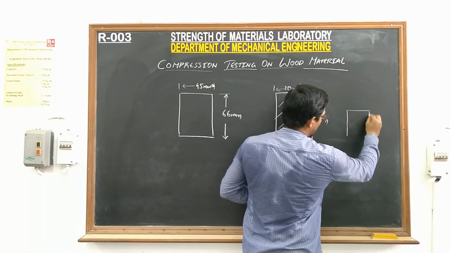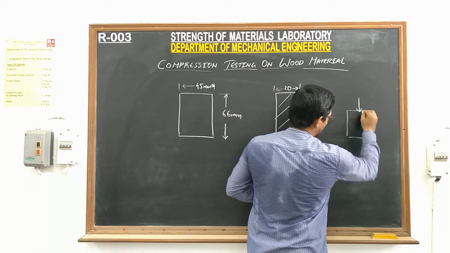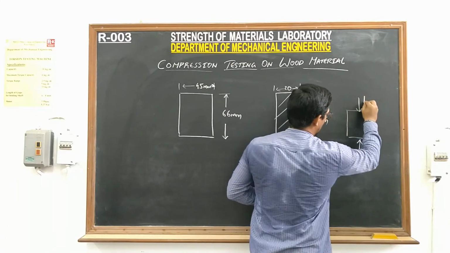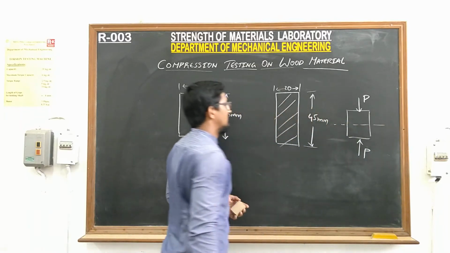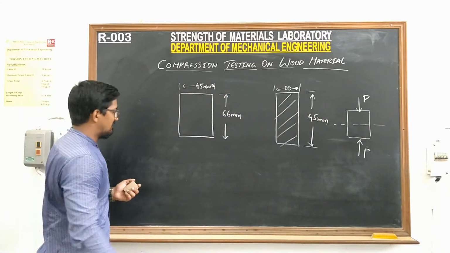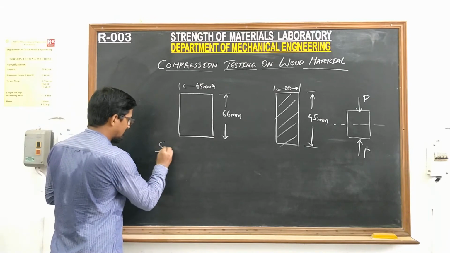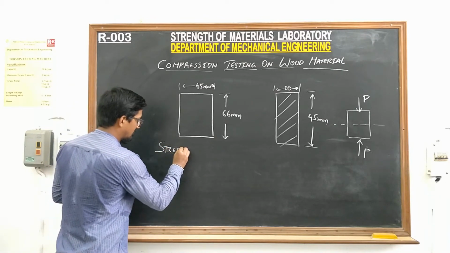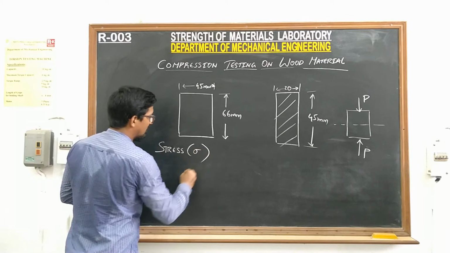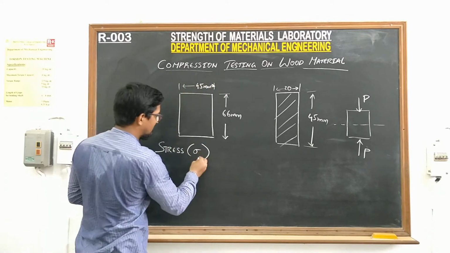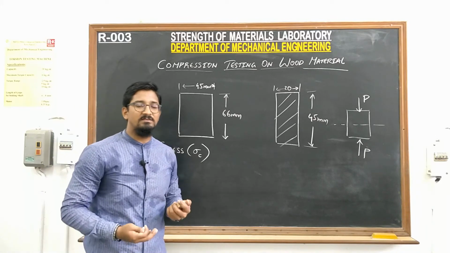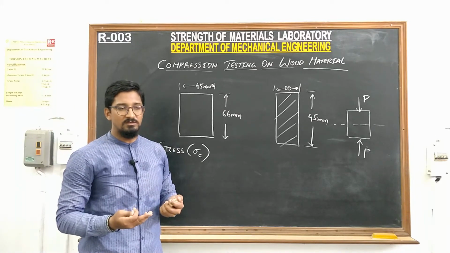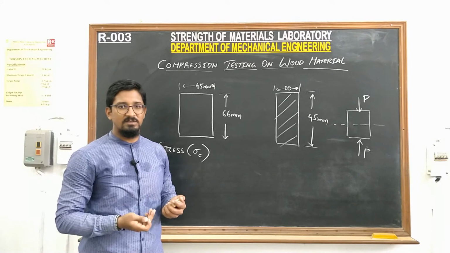I am drawing the FBD here. Suppose this is the specimen, and this is the load P, correct, with some axis. So as we know, stress, which is denoted by sigma, in our case since it is compression testing, I will denote it by sigma C. Stress is nothing but the internal resistive force to deformation per unit cross sectional area.